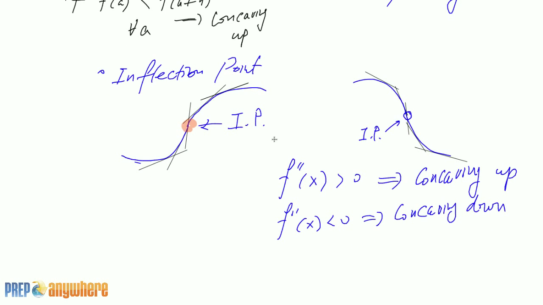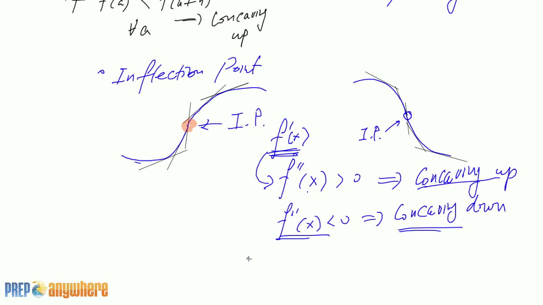So you have to remember, compared to the first derivative, this tells you the rate of change is increasing. That means it's accelerating, right? It's growing even faster. That's why it's concaving up. If the rate of change is decreasing, then it's concaving down.